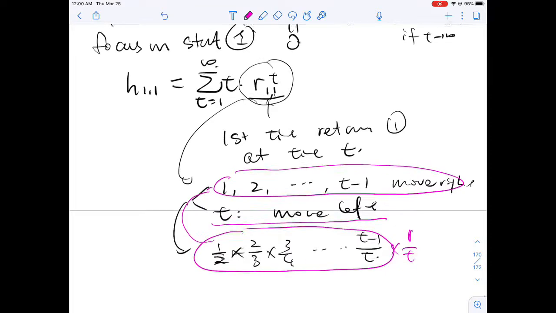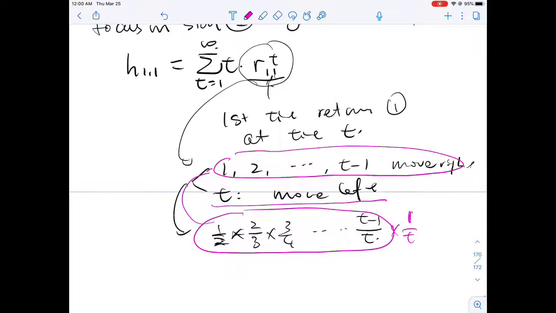If you simplify this term, you will get t times (t plus 1) in the denominator, and the numerator is 1.